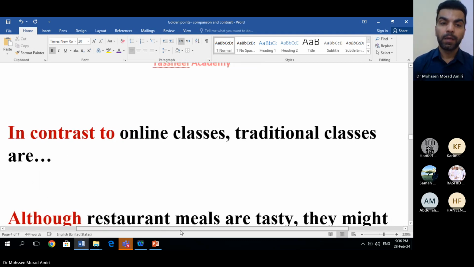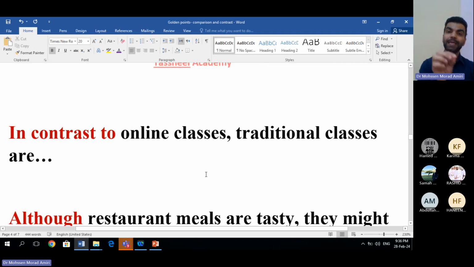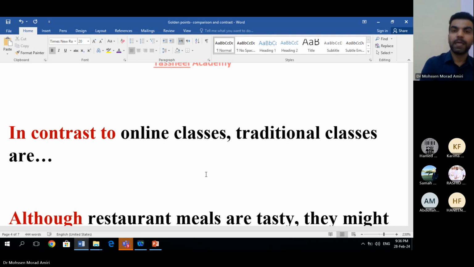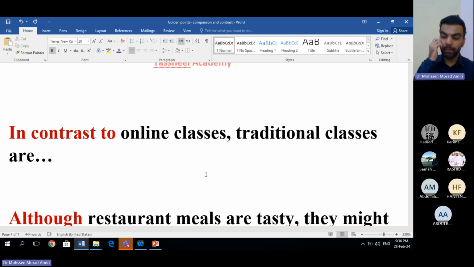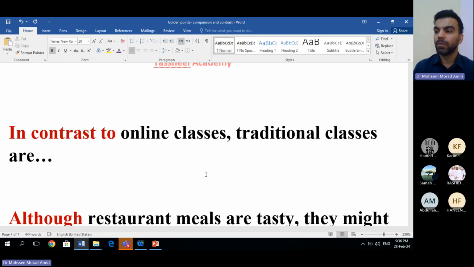In contrast to online classes, in contrast to eating from restaurants, in contrast to, for example, using a mobile phone, in contrast to anything that you can give as an example, it doesn't matter.